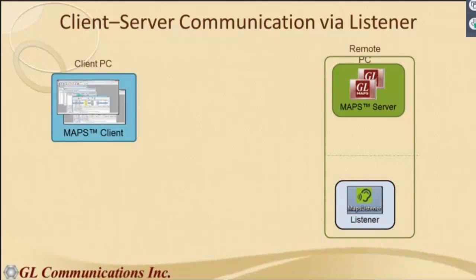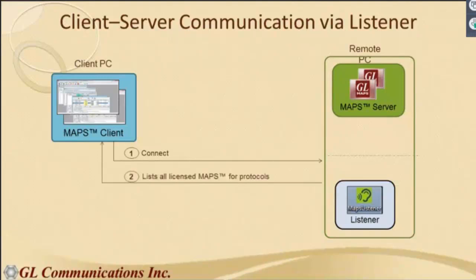That particular product is installed in one server system, and we will be running one listener in that system. Whenever the MAPS client tries to connect to the listener, once it is connected, it gives the list of all the MAPS products installed on that particular server, with the particular licenses.